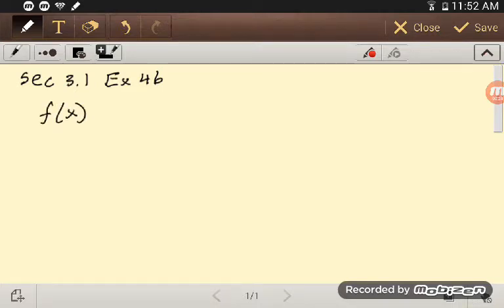f of x is equal to 4/3 x times the square root of 3 minus x, and we're on the closed interval 0, 3.